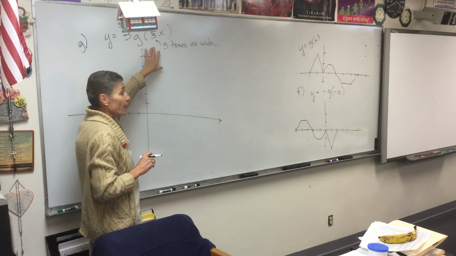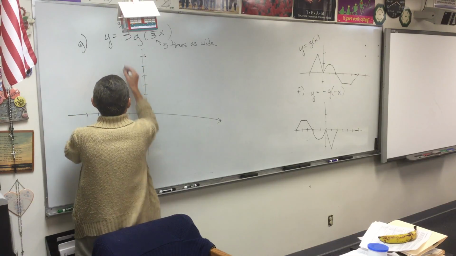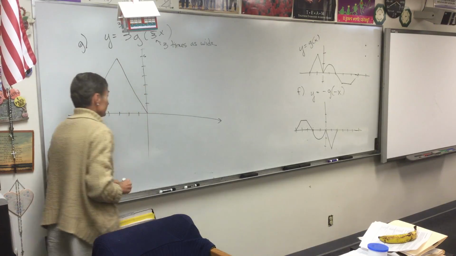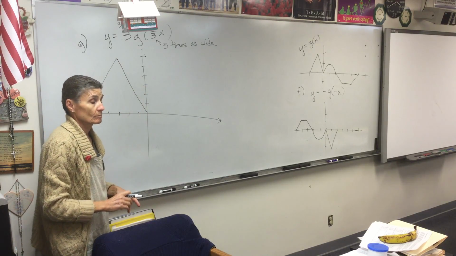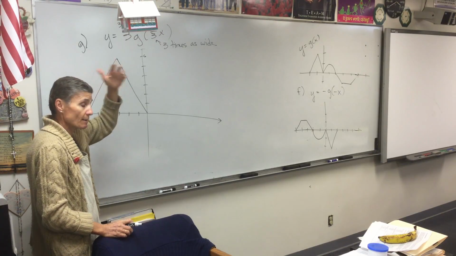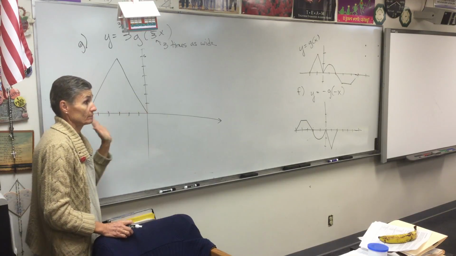You were making him 3 times, so he was 2, so now he's going to be 6. So here's my big triangle. He went 3 times as tall, and 3 times as long.